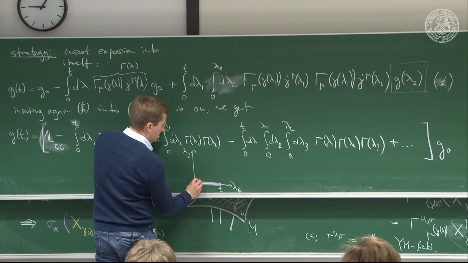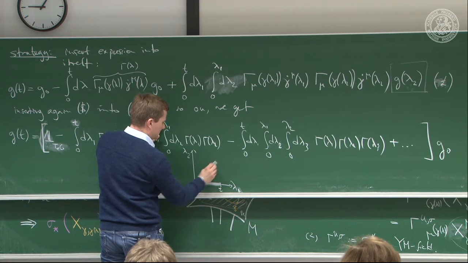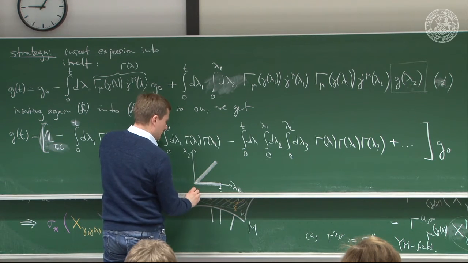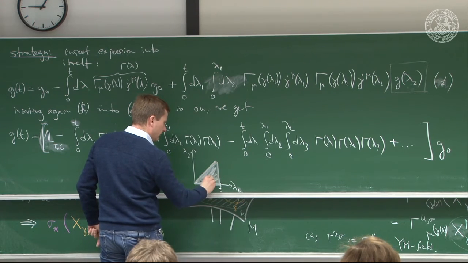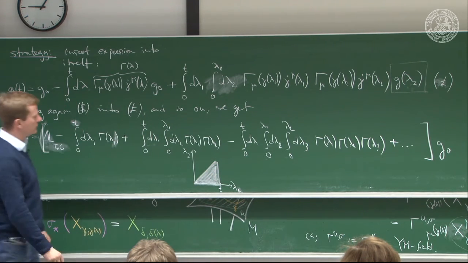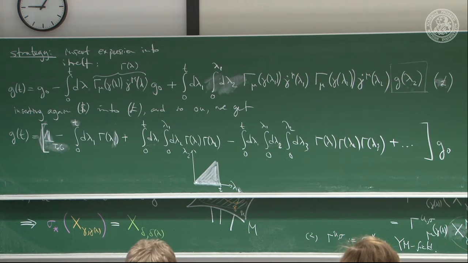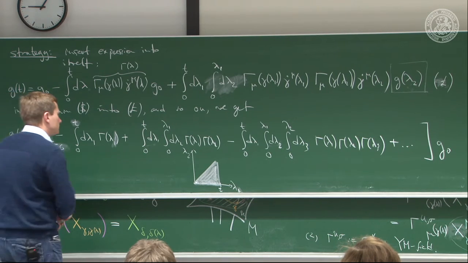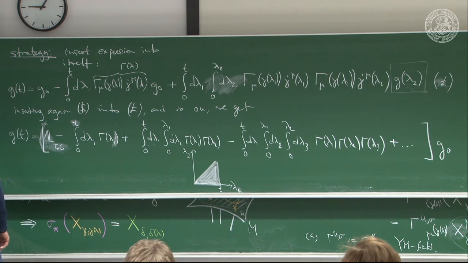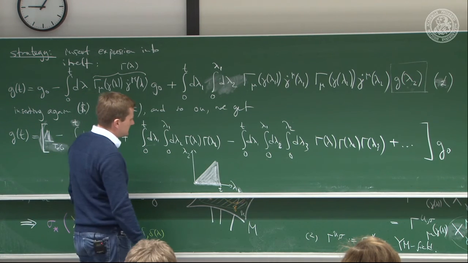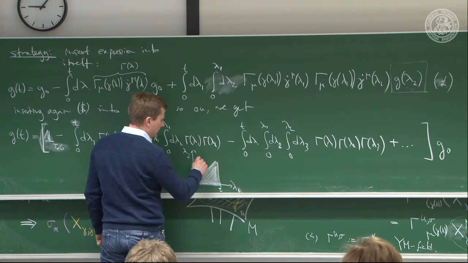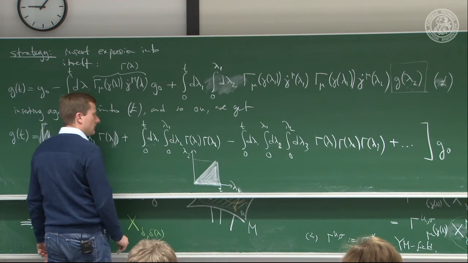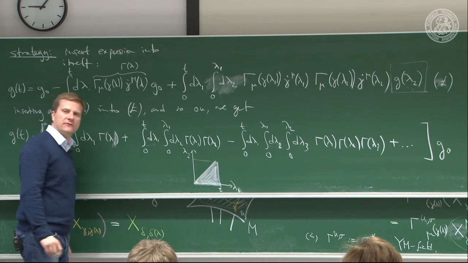That means the combined integral runs over this domain. You agree? That's the domain of the double integral. And so the idea is that you can actually also let it run over the entire domain if you put a factor 1/2 in front.